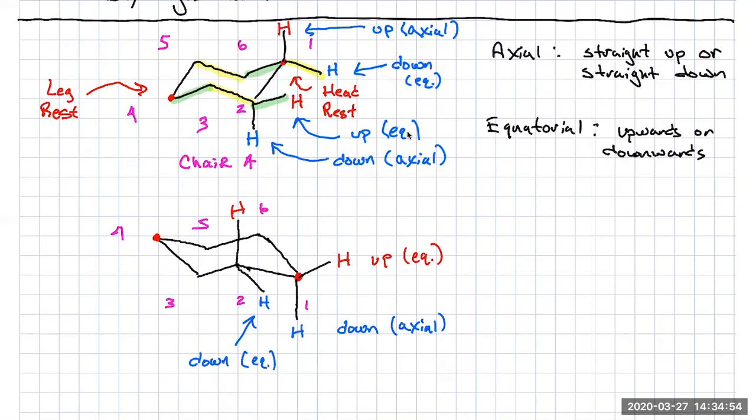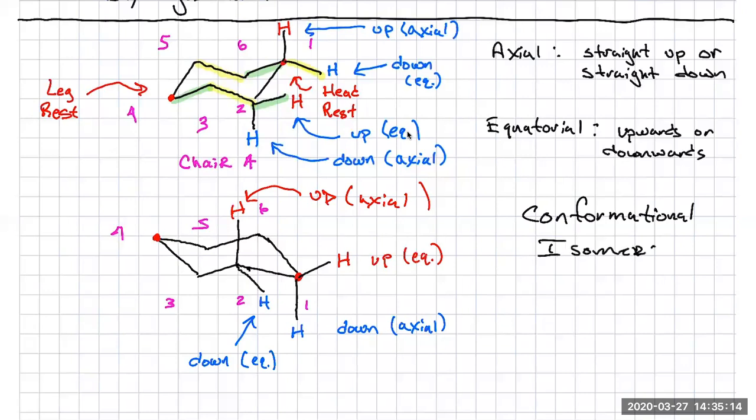And this will be up, still, and axial. So what you have here are conformational isomers for cyclohexane.